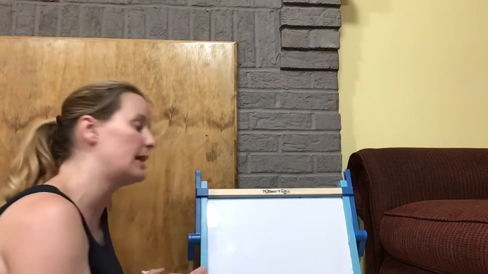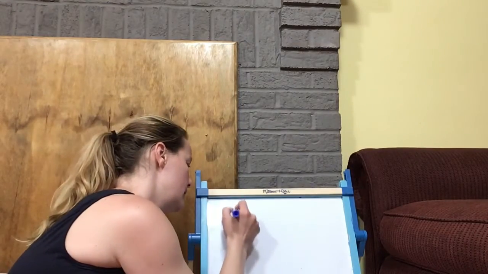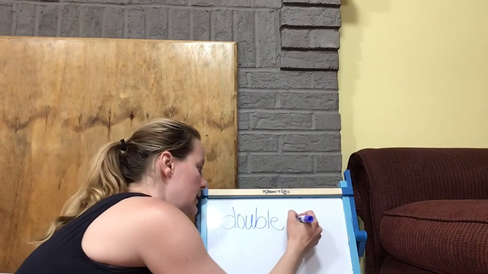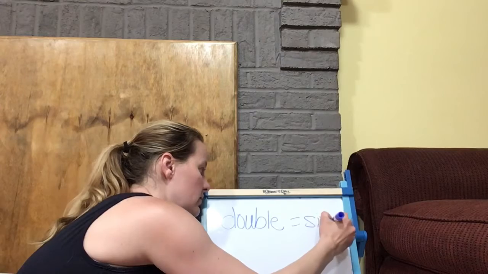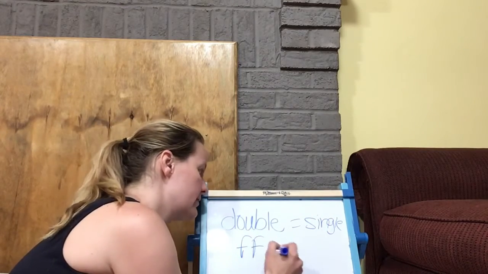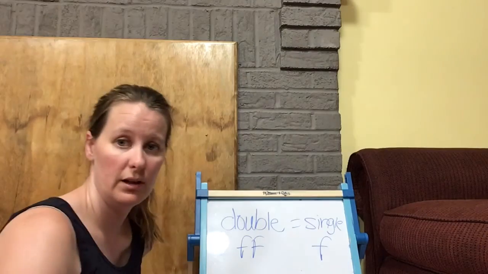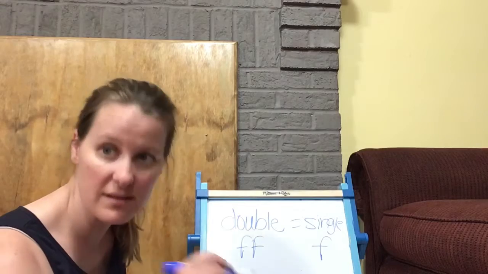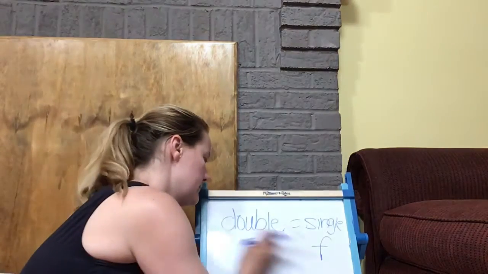So if you see a double letter, it equals the sound that the single letter makes. If you see double F's, it sounds like F. You don't say F twice in stuff, you say stuff.